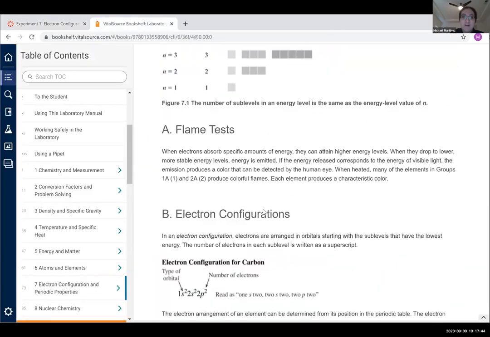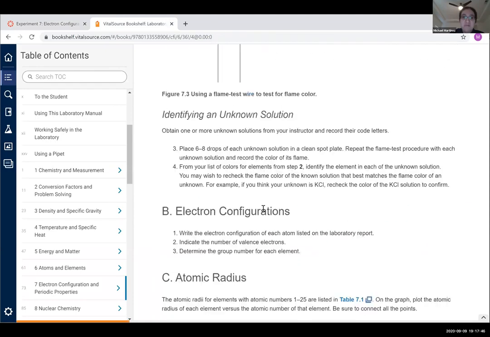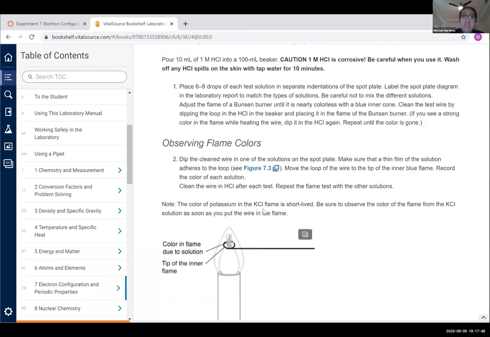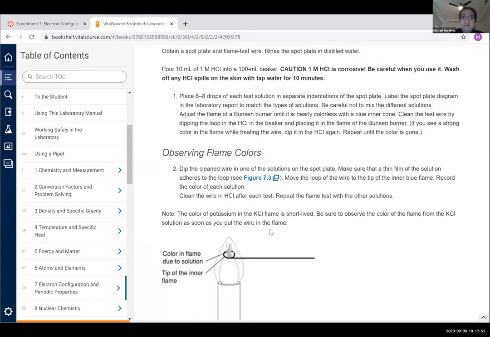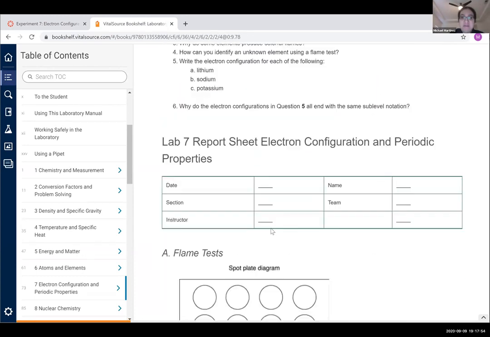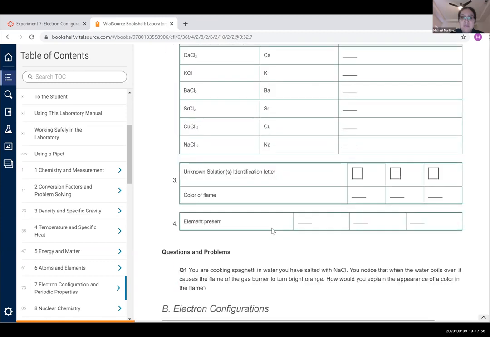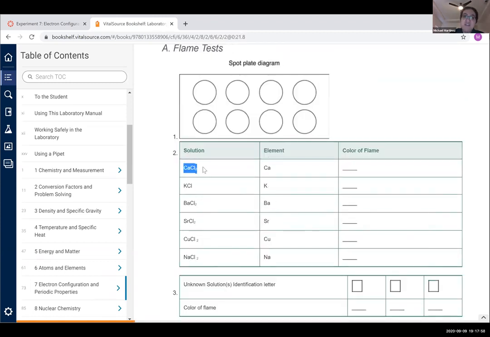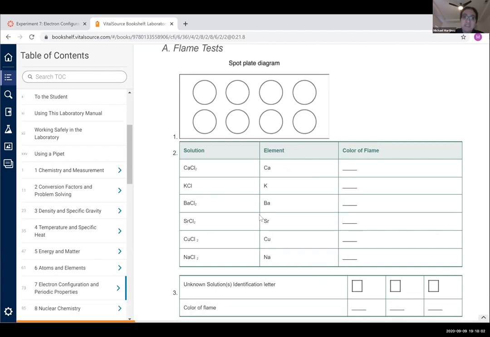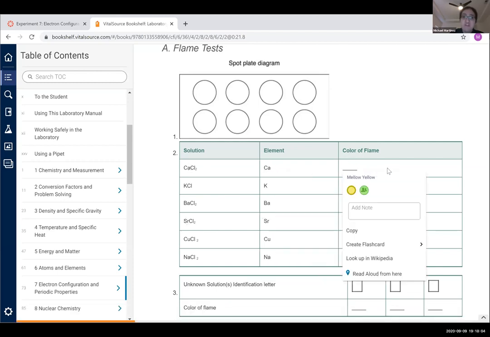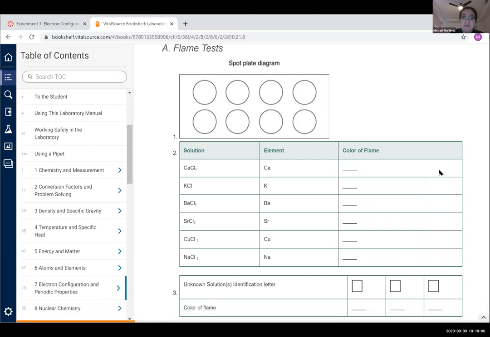If you go to your lab manual, table A2 is found right here. Let me pull up the exact page. Here we go. So we have different solutions, different metals present in these solutions, and we're going to observe the color of the flame.